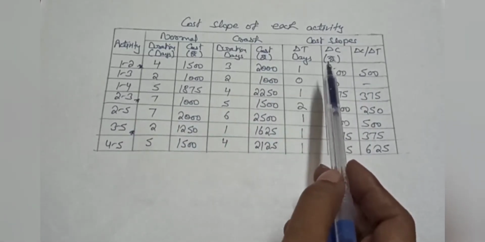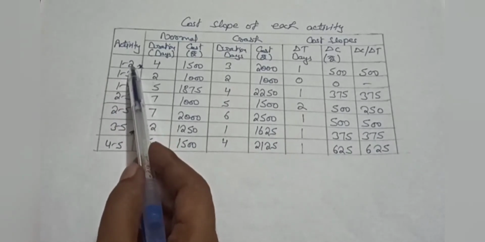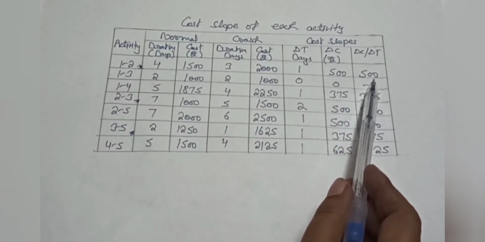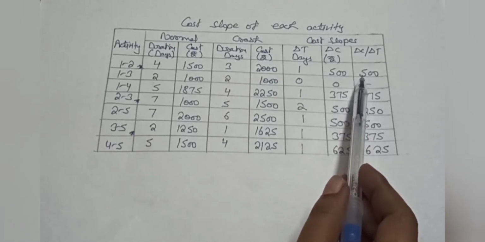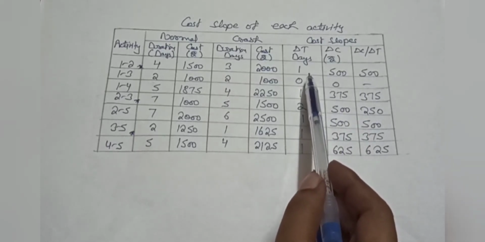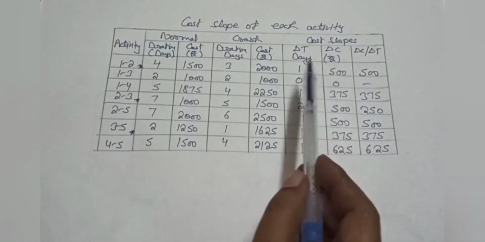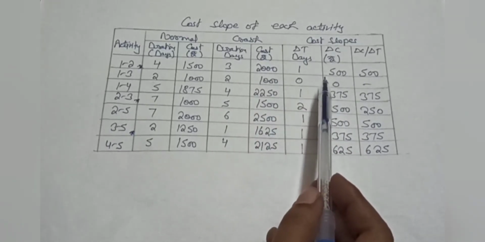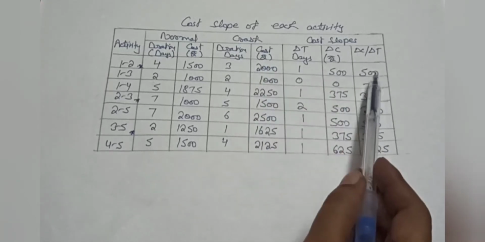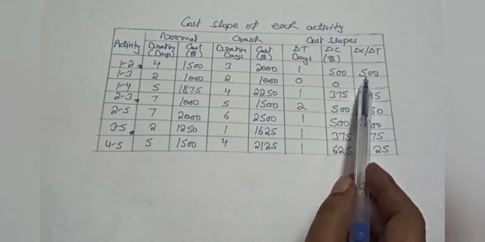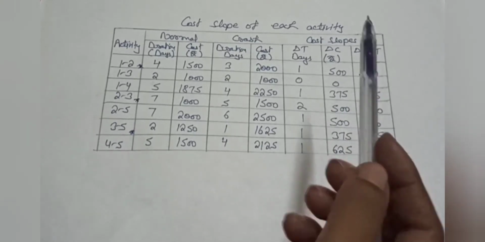So there is no profit in crashing this activity, as if we crash this activity by 1 day, the crash cost is 500 and indirect cost is also 500 for 1 day. Our indirect cost will be reduced by 500 and also our crash cost for this activity will be increased by 500. So there will be no profit.